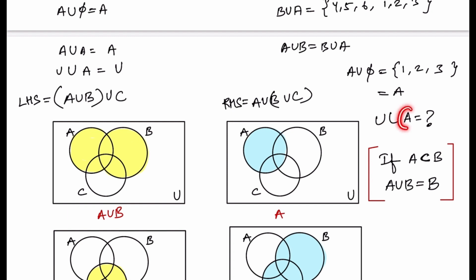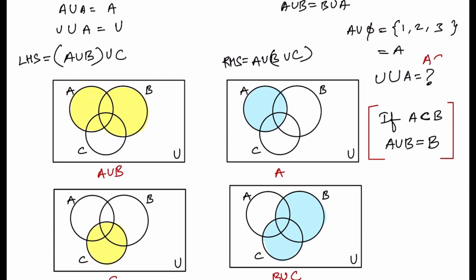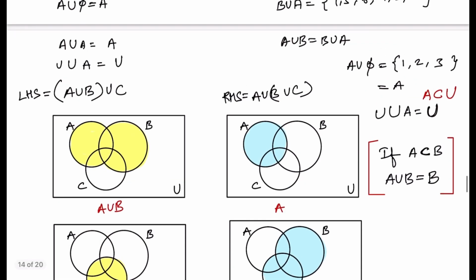So here A is a subset of the universal set, and that means universal set union A will be U itself, the universal set. So by using this property we have proved that universal set union A will be the universal set.